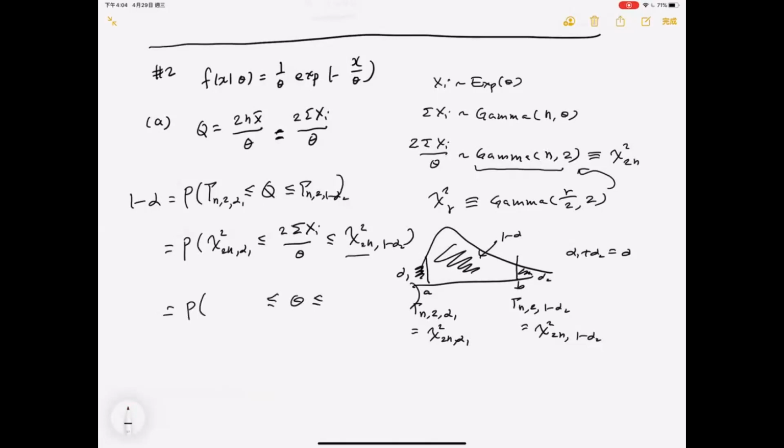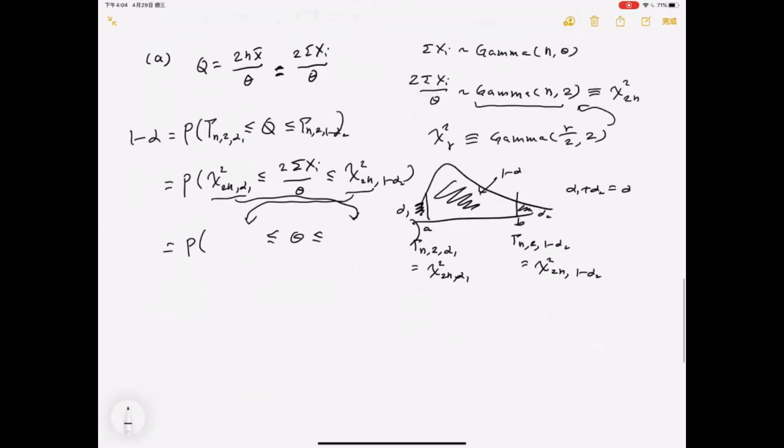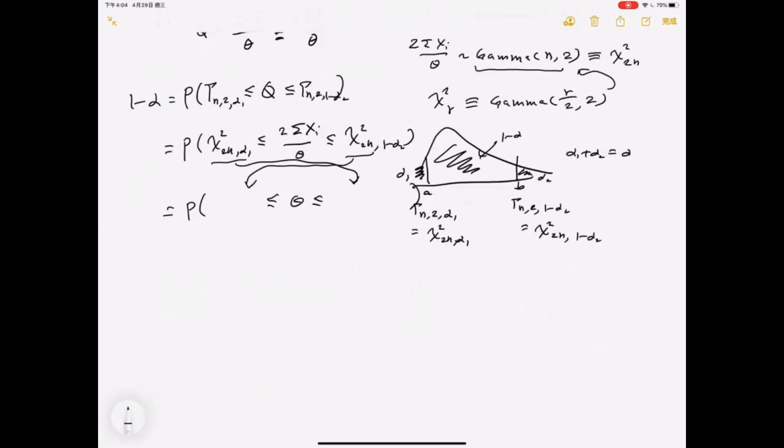Don't forget about bigger becoming smaller, smaller becoming bigger because of flipping. Okay, so eventually you will find that theta has a lower bound and an upper bound. This guy is the lower bound. This guy is the upper bound. You could find that theta is between the lower bound and upper bound, which gives the 1 minus alpha interval.